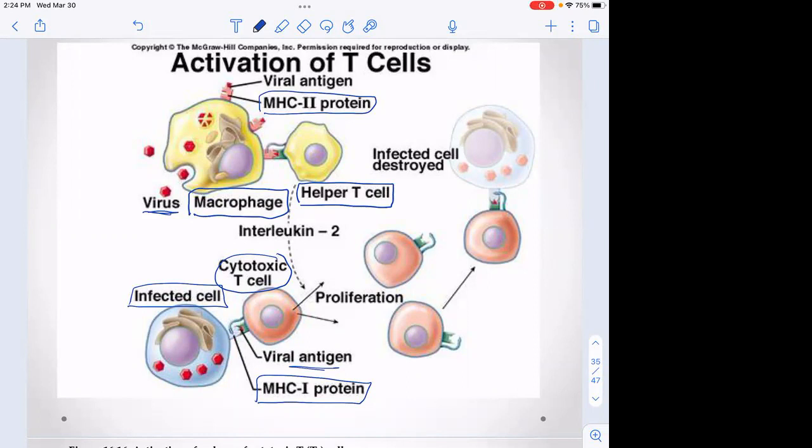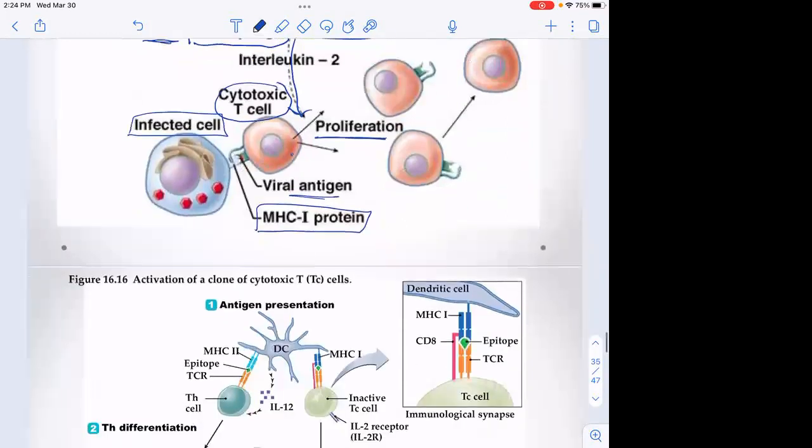It needs signals from that helper T cell, cytokine signals. Don't worry about that, it's IL-2. Cytokine signals acting on it now to make that cytotoxic T cell proliferate into more with exactly the same specificity. And now it's ready to act on those infected cells and destroy them. Okay, and we'll talk about how it does that.